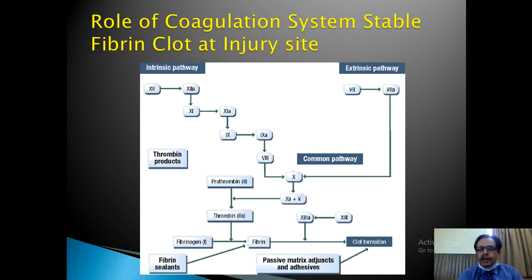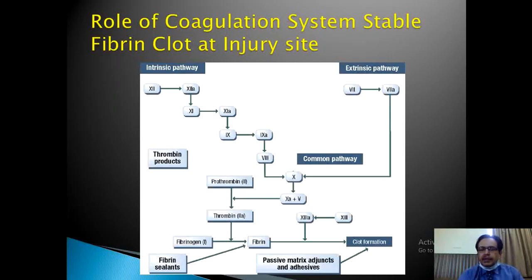Factor 8 acts upon factor 10, and where is factor 9? Factor 9 is a little step back.